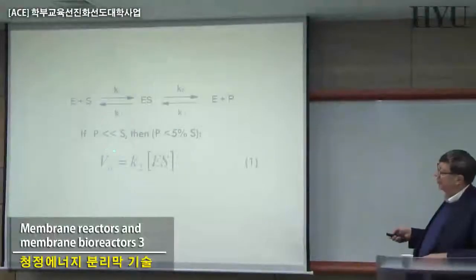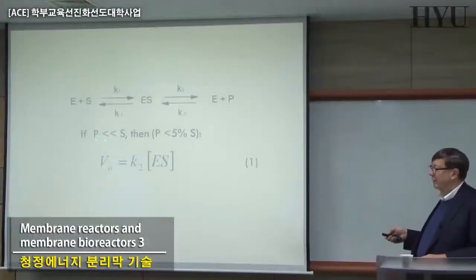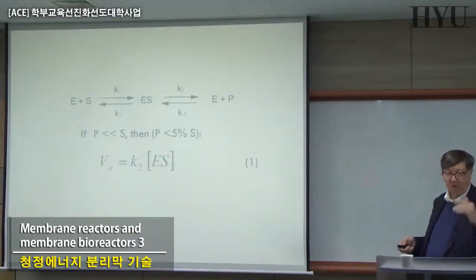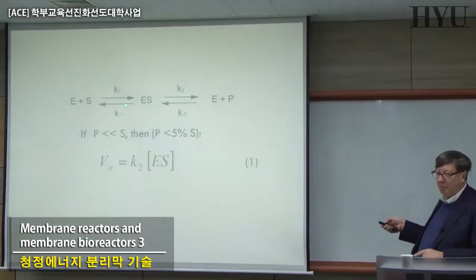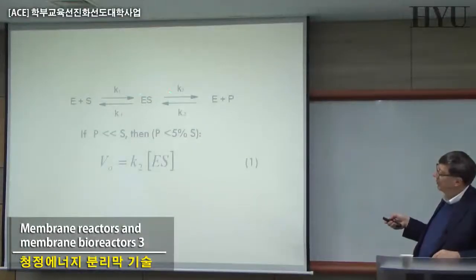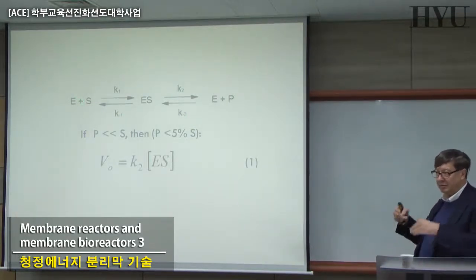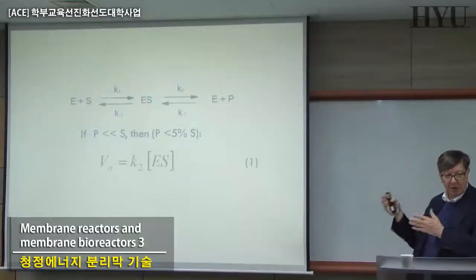This equation assumes that you are in a situation in which the product is much less than the substrate, that means just at the start of your reaction, so there is no back reaction. Now this is an equilibrium, as you see here, which means that while your substrate is becoming product, the product is going back through K minus 2 and K minus 1 and reforming S. So there is a dynamic chemical equilibrium.